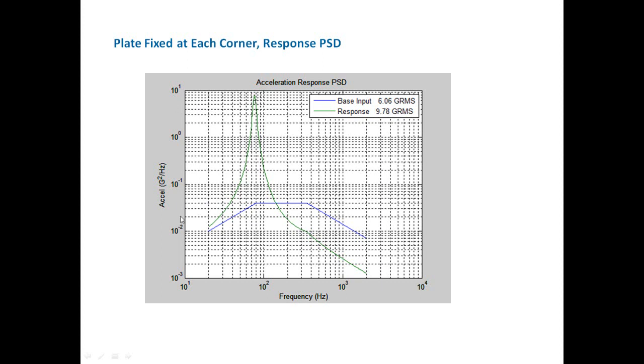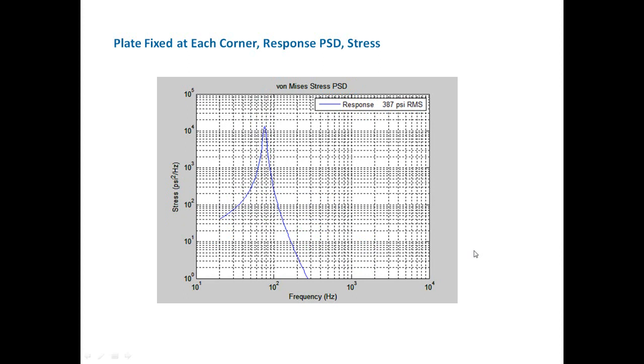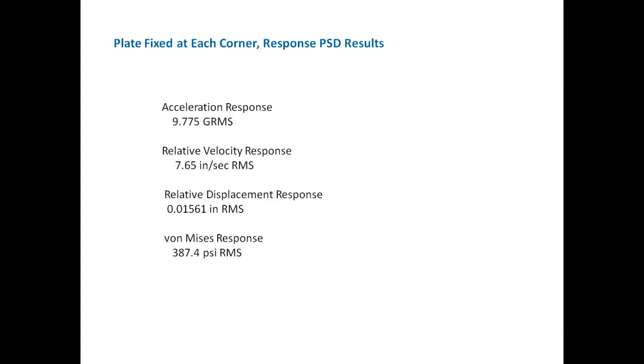And again, this being a PSD, it's G squared per Hertz versus frequency in Hertz. Then the von Mises stress PSD, 387 PSI RMS. And then just a summary of the output metrics in terms of their respective overall RMS values.